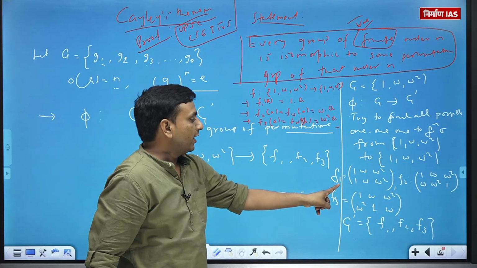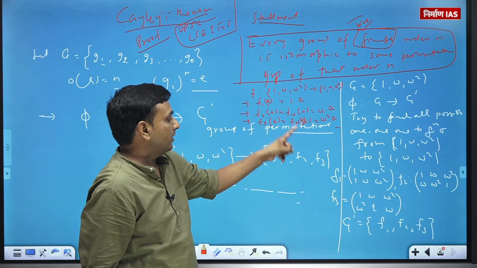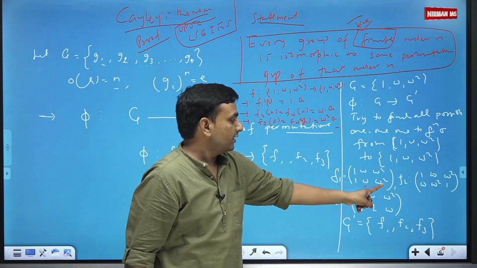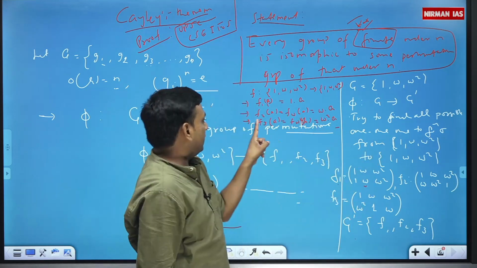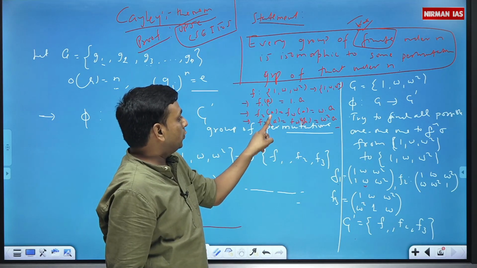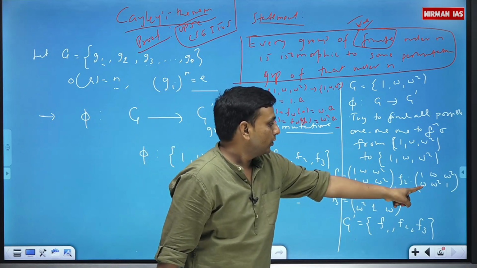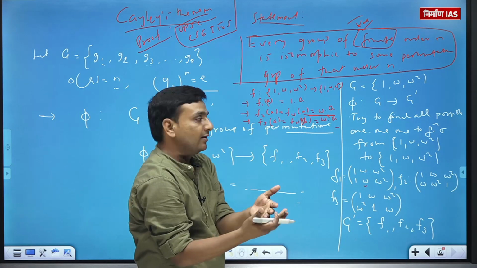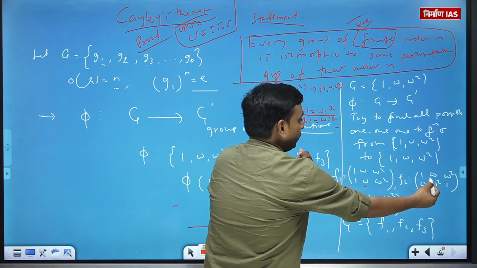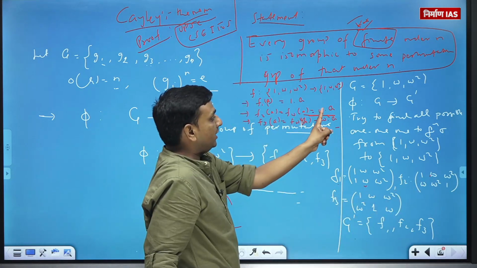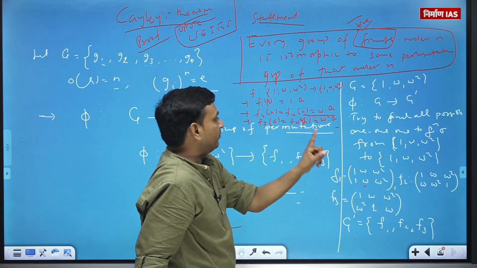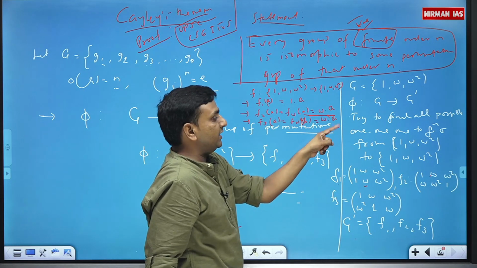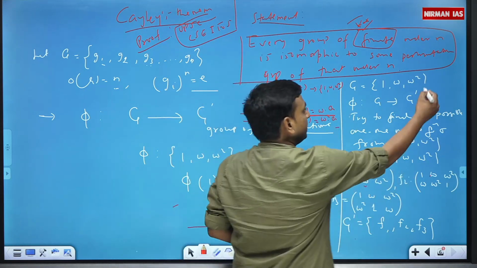Please check it out. F1 of 1, f1 of omega, f1 of omega square is omega square. Fine. Check it out. F2 of 1 will be omega, because of how I defined the map: omega times a. F2 of omega will be omega times omega, that is omega square. F2 of omega square will be omega times omega square, that is omega cube, and omega cube is 1.